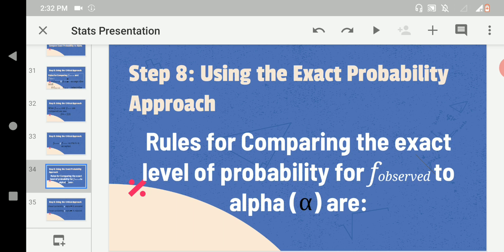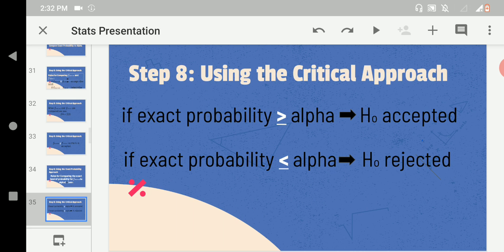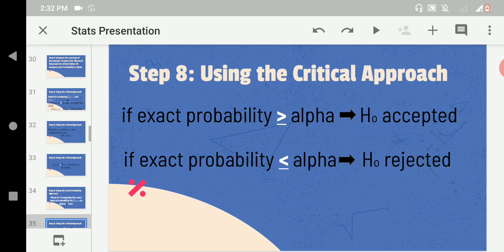Step 8, using the exact probability approach. So the rules for comparing the exact level of probability for F observed to alpha are these. If exact probability, or the p-value a while ago, is greater than alpha, we have to accept the null and reject the alternative. If exact probability is less than alpha, we have to reject the null and accept the alternative hypothesis. Let us recall our value for exact probability, the p-value.